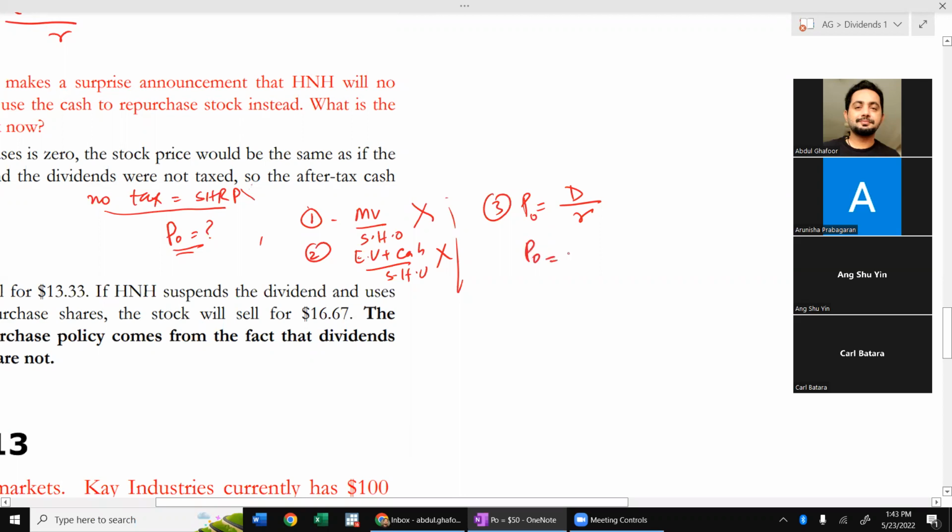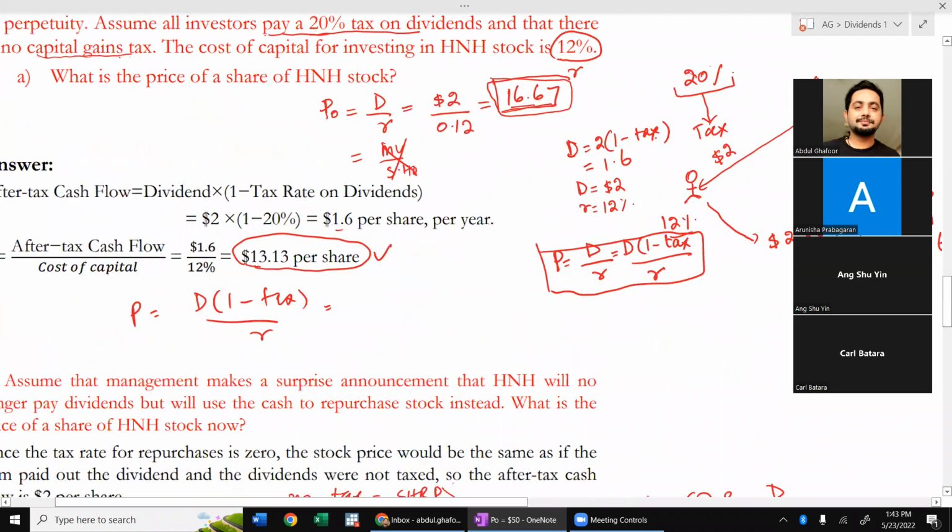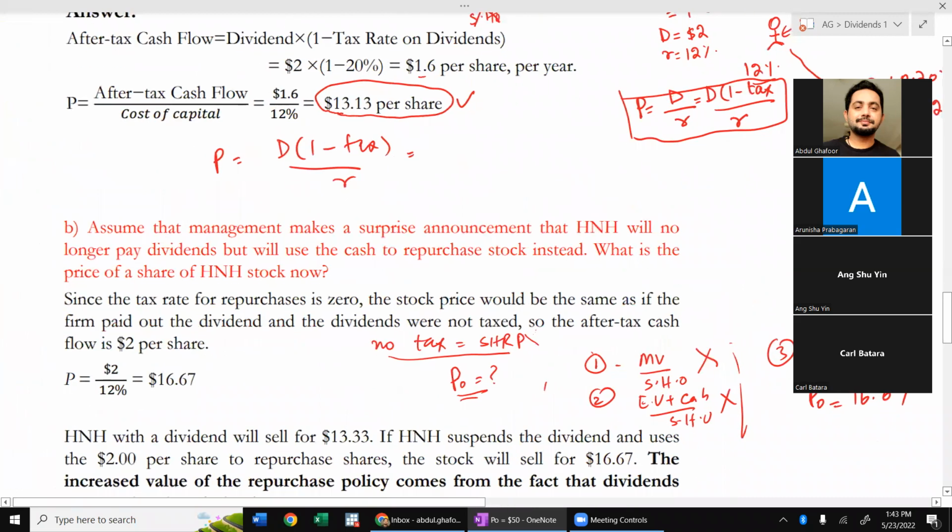The current price was 16.67. You calculated that just now. So this is the price if the company is doing the share repurchase. If the company is doing dividend payments, 13.13, but if it is a share repurchase, this would be the answer.